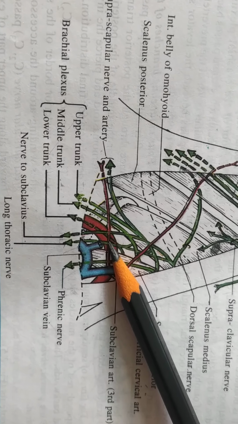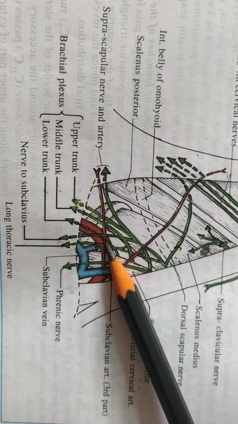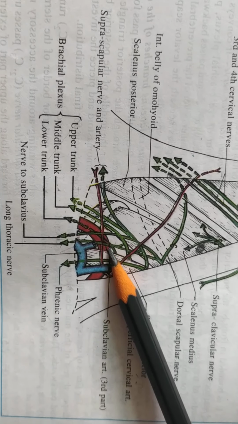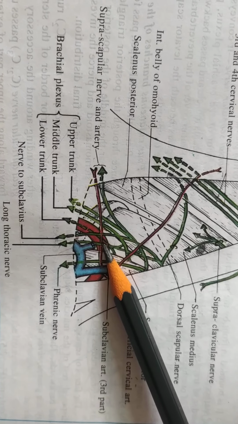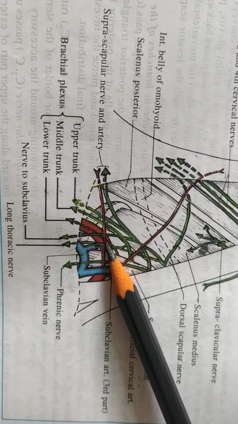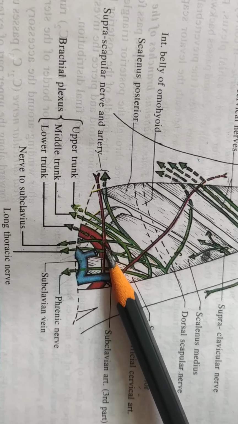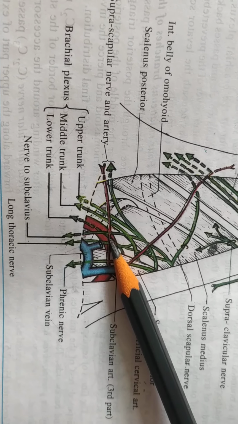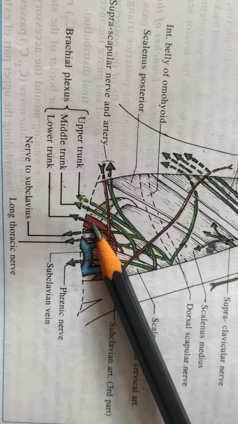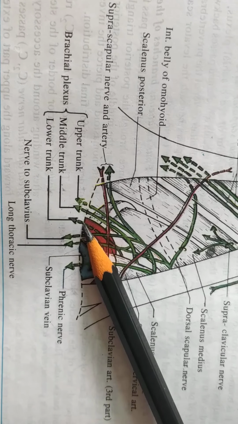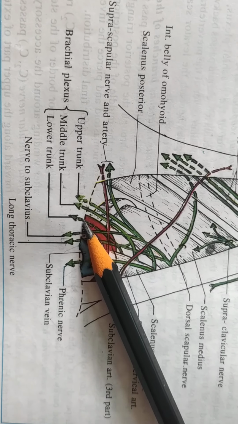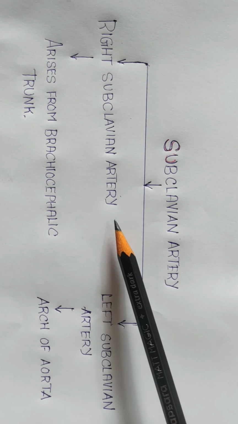Now we will discuss the third part of the subclavian artery. It extends downwards and laterally from the lateral border of the scalenus anterior muscle to the outer border of the first rib. It descends into the apex of the axilla and continues as the axillary artery.